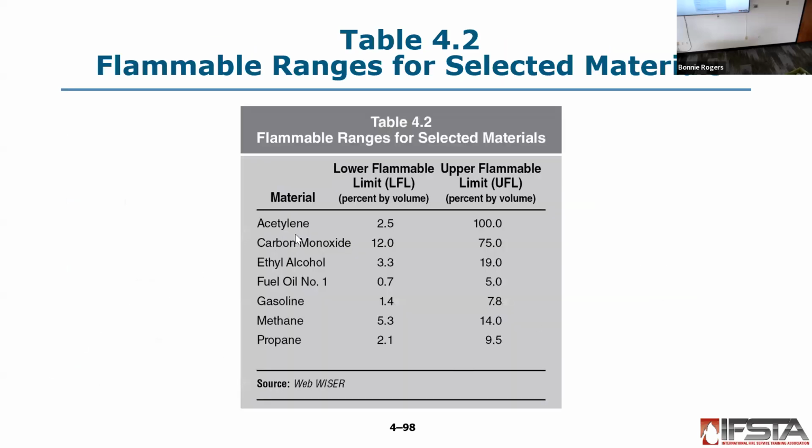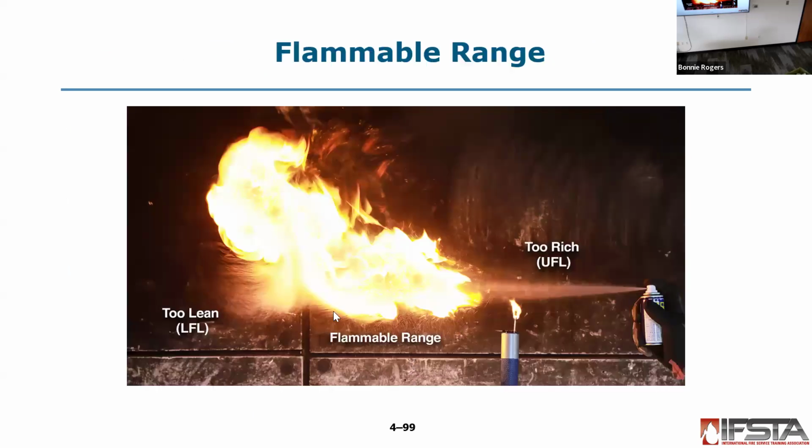Okay, here are some of your flammable ranges. What do you think? Acetylene is very flammable. It's got a pretty broad flammable range. Okay, so here's kind of a picture.